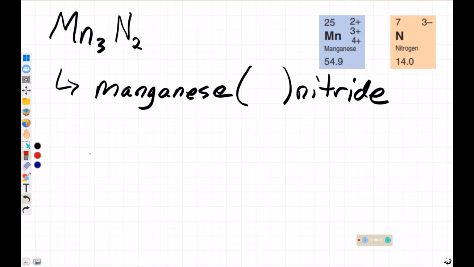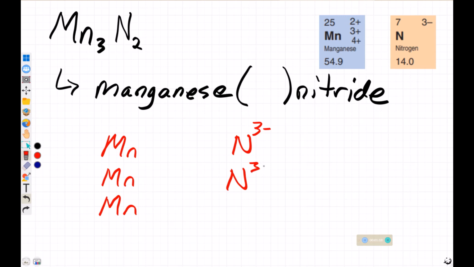And I will write down those elements down here. We have 3 manganeses this time, and 2 nitrogens. Nitrogen we already know has a charge of 3-, overall having a negative charge of 6.